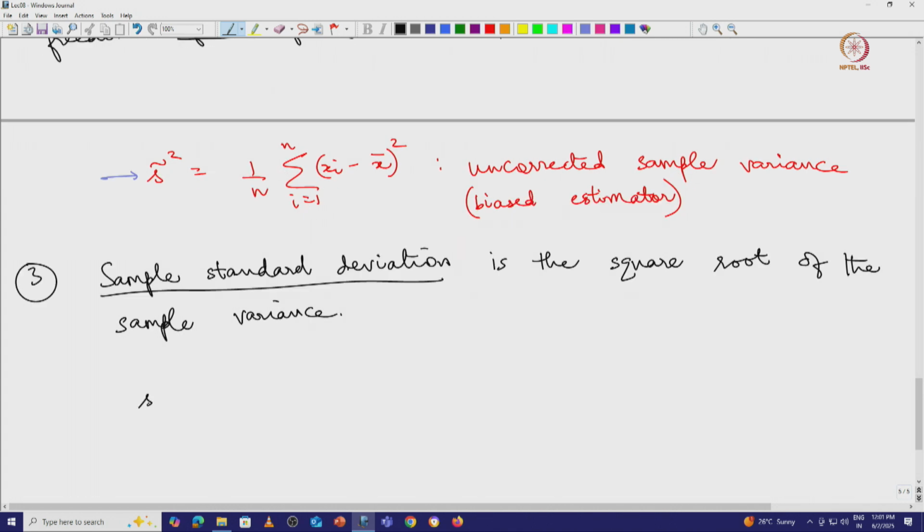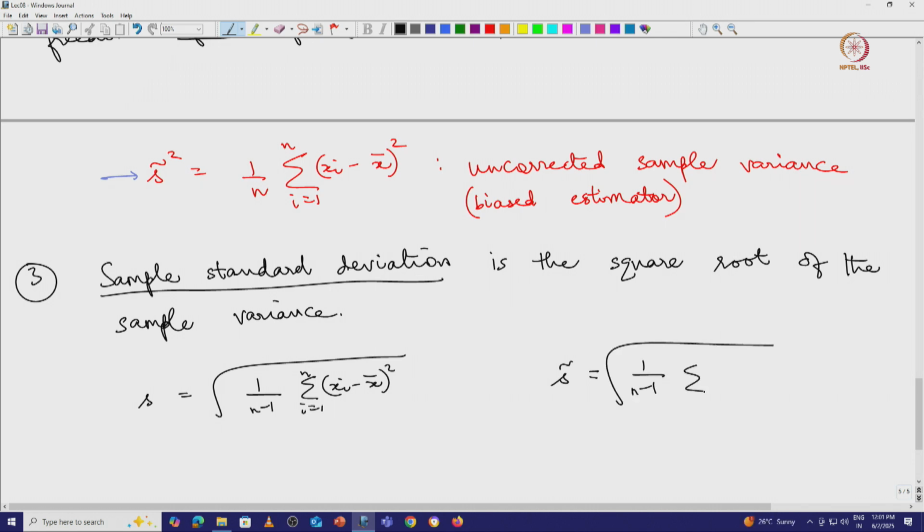So this is simply S is 1 over n minus 1 sum i going from 1 to n, xi minus x bar whole squared, and you can also define the uncorrected sample standard deviation, that is square root of 1 over n, sum i going from 1 to n, xi minus x bar whole square.